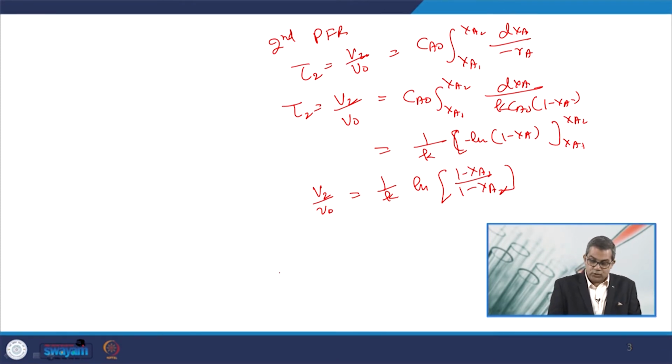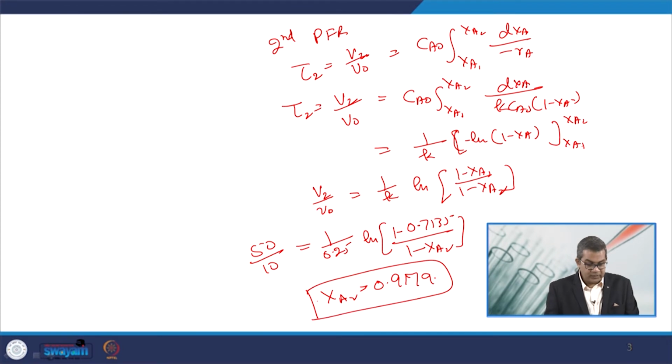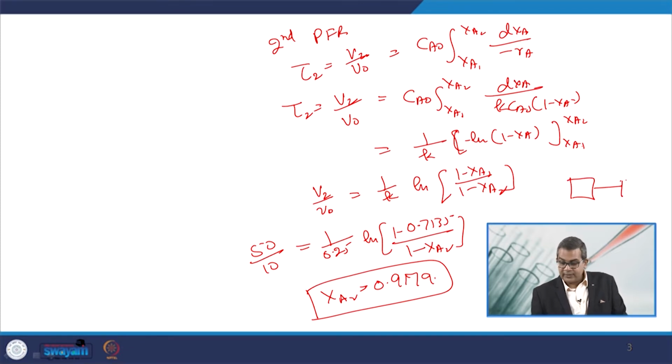If we substitute the values, 50 upon 10 as given in the problem, and K as 0.25, ln (1 minus 0.7135) upon (1 minus XA2), the XA2 comes out to be 0.9179. So now let us talk about the concentration at point 2, that is at the exit of the second reactor.